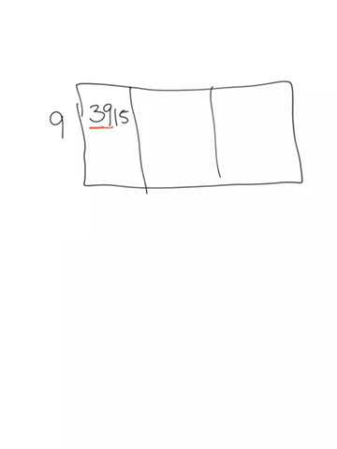If I count by 9s, I'm going to do this up here. It's 9, 18, 27, 36, 45. So that means it goes into it 1, 2, 3, 4 times without going over. But we can't just leave it like that.